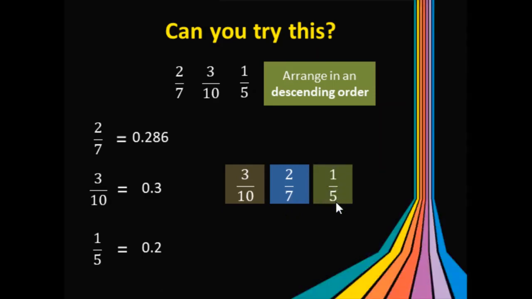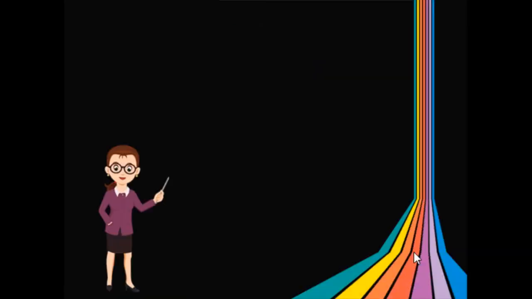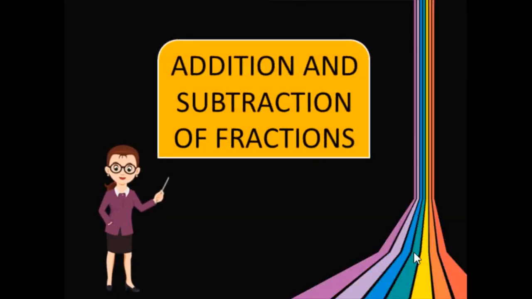This is how we arrange or order fractions, either by finding or changing to equivalent fractions and changing the fractions into decimal numbers. Okay, so take note. Always remember the things I've taught you before because we are going to apply it on our next lessons.